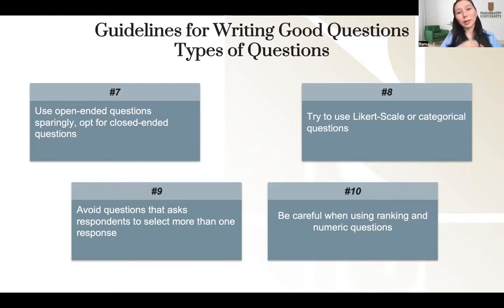Likert scale or categorical questions are of course more in favor than ranking or numeric questions. Also avoid questions that ask respondents to select more than one response. As we mentioned, this creates a non-response bias and can affect the quality of your data.